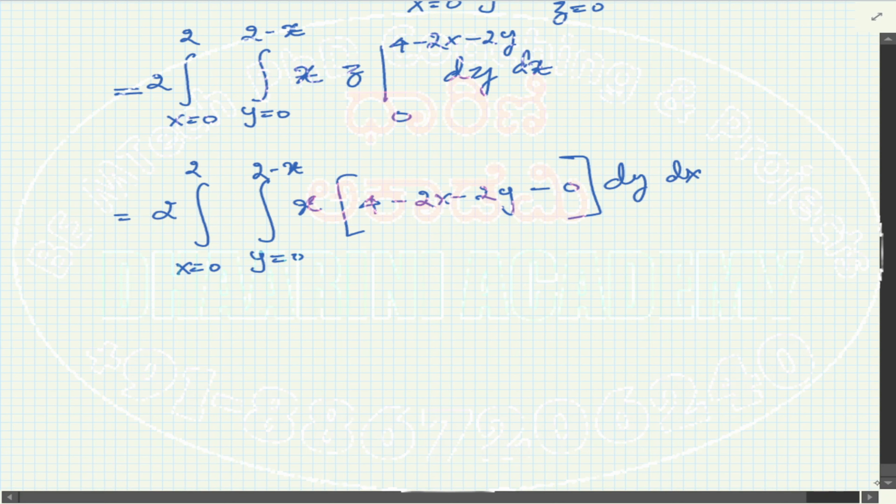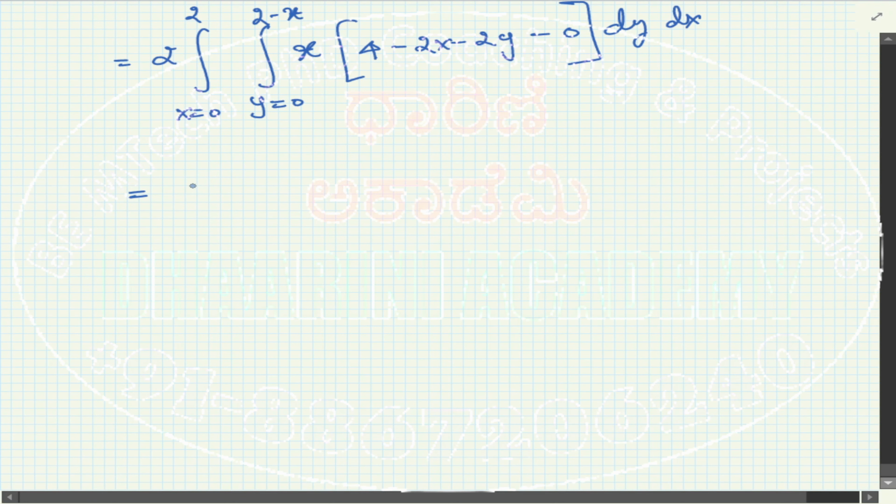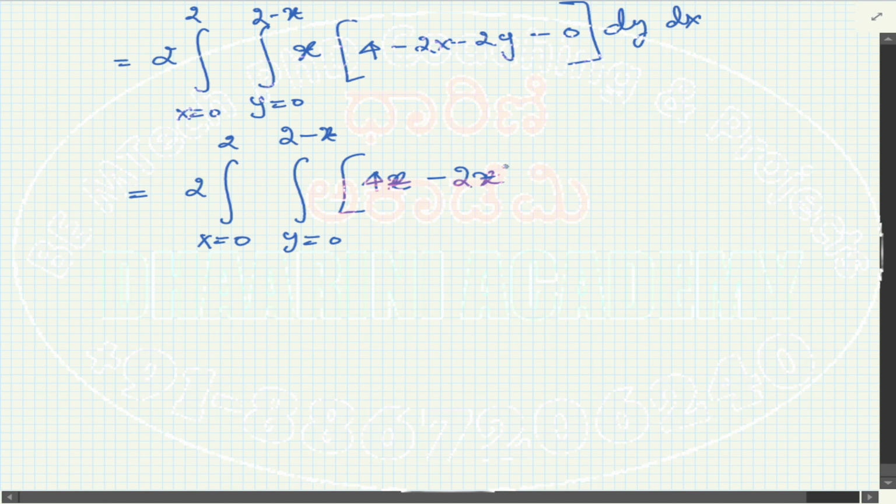All right, let's perform this integration now. So this is equal to 2 times integral x is equal to 0 to 2, and integral y varying from 0 to 2 minus x. So this is 4x minus 2x square minus 2xy times dy dx.